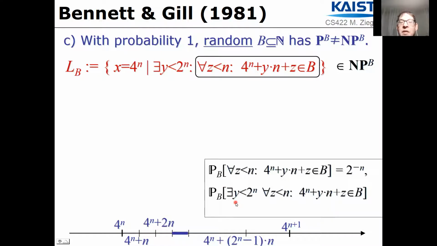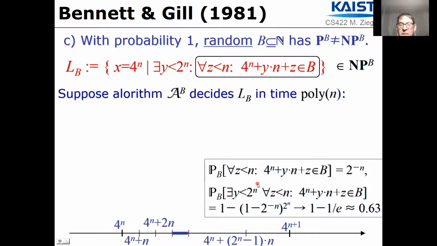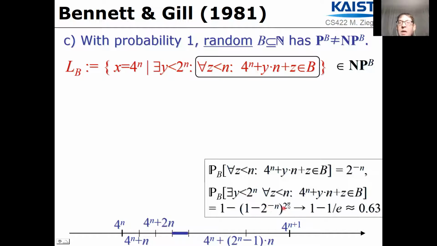So the probability that for all y the interval is not contained is the product of the individual probabilities: 1 minus 2 to the minus n, which you see here, raised to the 2 to the n, because there are 2 to the n such y. So the probability that this holds for all these y is 1 minus 2 to the minus n to this power. And then, applying complement probabilities again, that is 1 minus this.